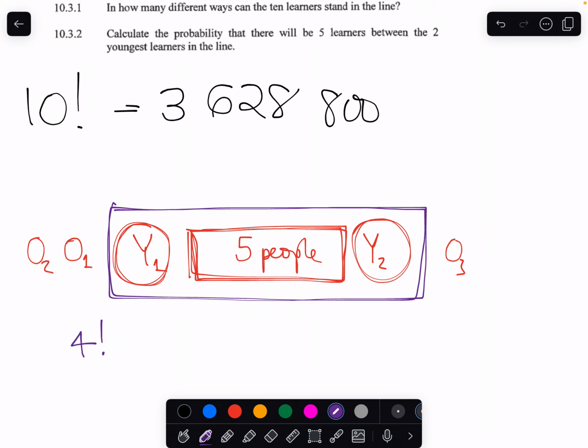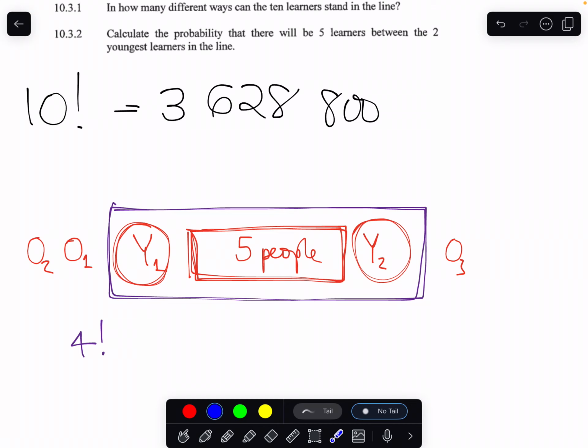Okay, right. Then we need to think about what's going on inside here. So for each of these 4 factorial arrangements, there are 2 variants, if I can call it that.